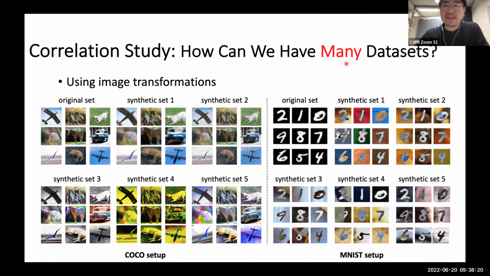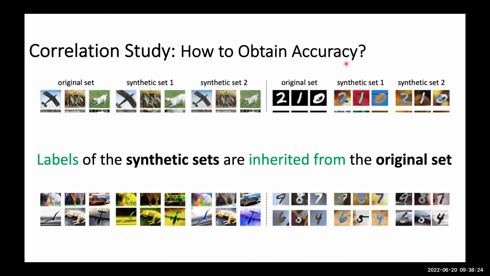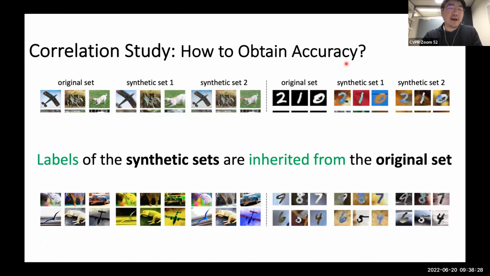And the second question: in order to do this correlation study, how can we obtain our classifier accuracy on each of these test sets? Our answer is also very simple. The synthetic data sets we just saw have the same labels as the original data set.